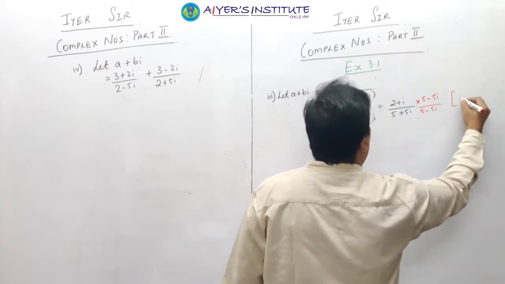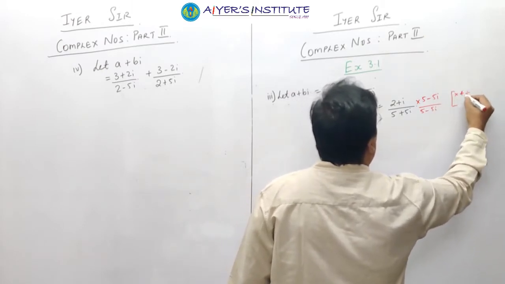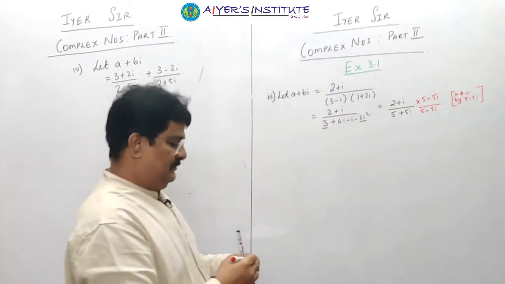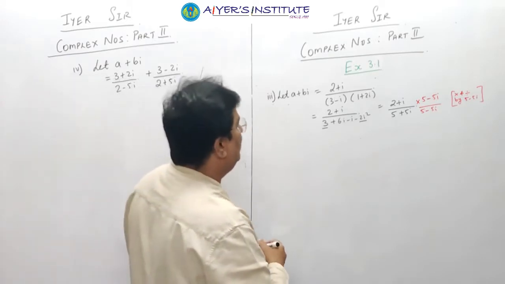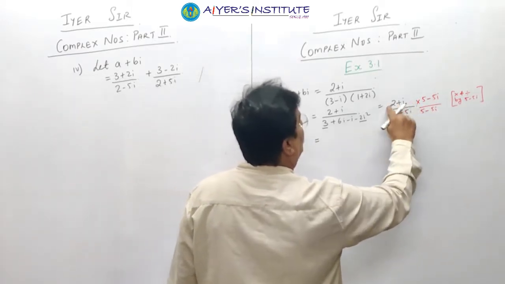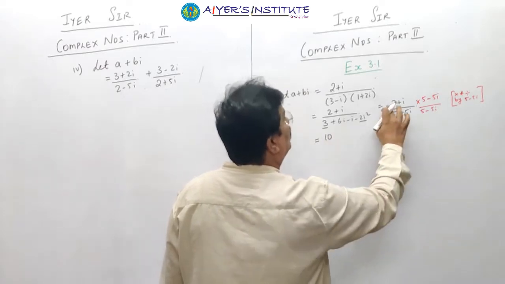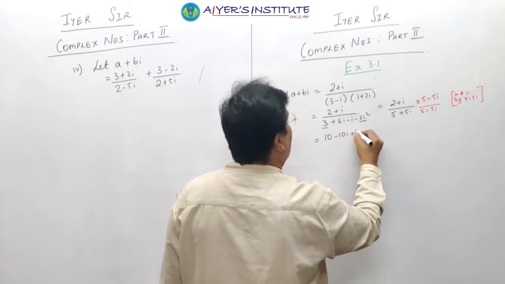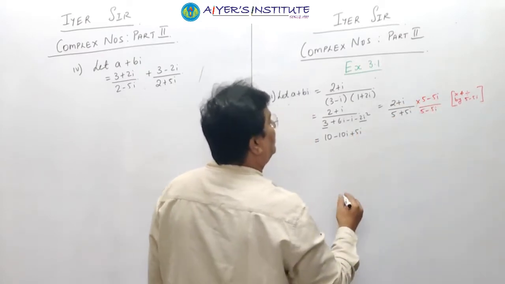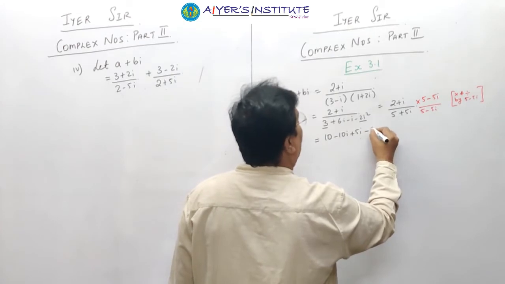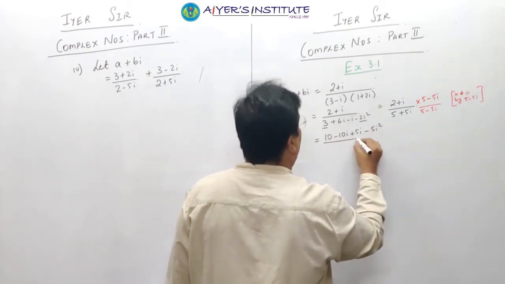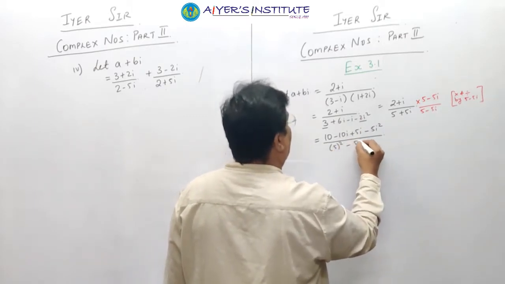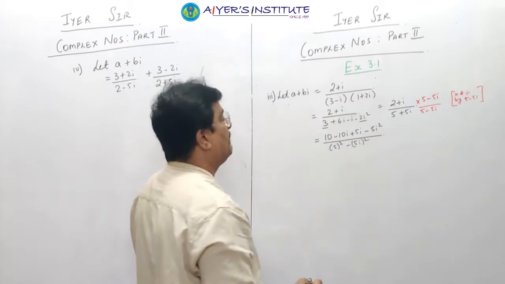So here what we will write? Multiplying and dividing by 5 minus 5i, which is the conjugate of the denominator. Again, when we multiply, 2 into 5, 10, 2 into minus 5, minus 10i, i into 5 plus 5i, i into minus 5, minus 5i square upon, this is a plus b into a minus b, so it will be 5 the whole square minus 5i the whole square.